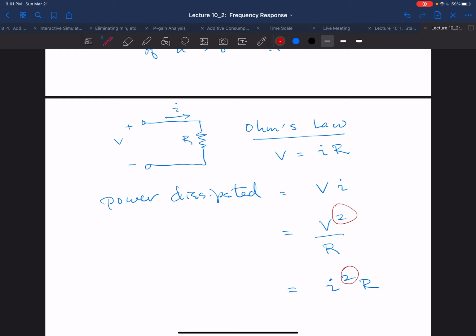So we think of the power in a signal as being proportional to the square of that signal.